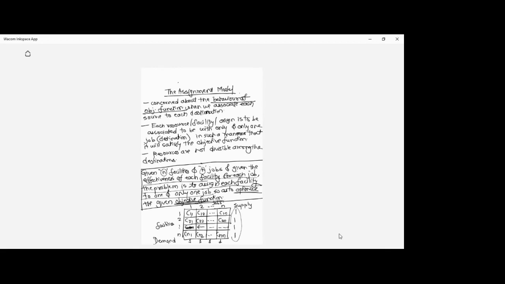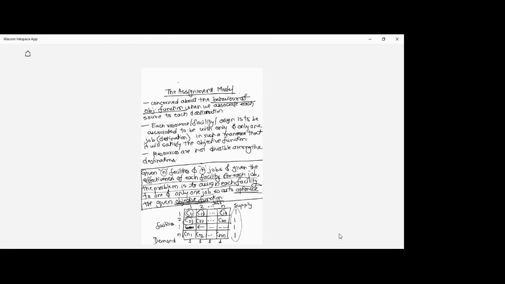Now this particular table represents the assignment of n facilities to n jobs. Here all these factors are called Cij. Cij is the cost of assigning ith facility to jth job, and Xij represents the assignment of ith facility to jth job.